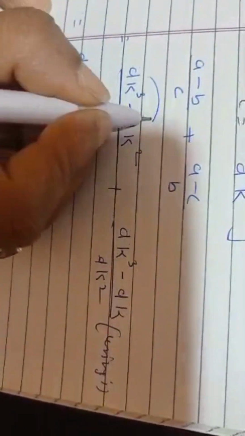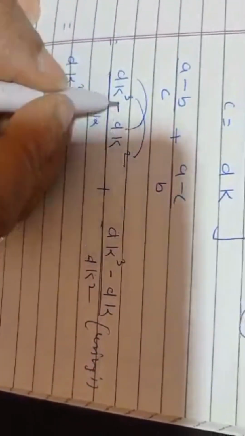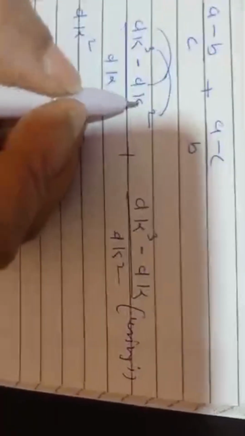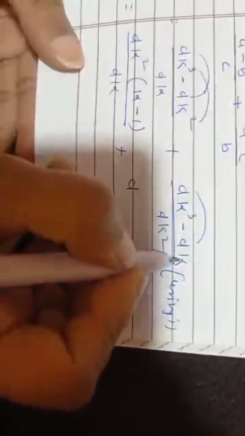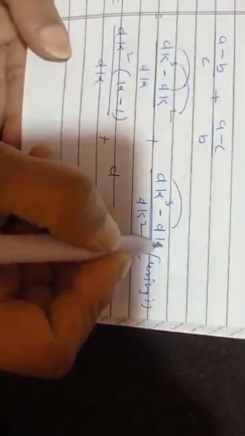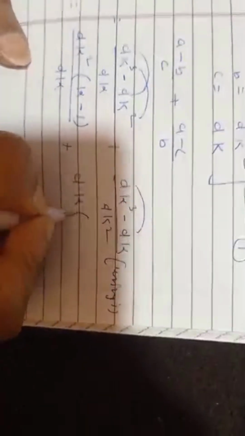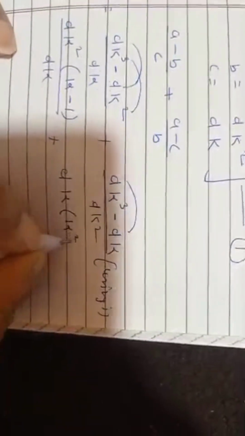Now take out DK square as a common factor, because D is here and K is here, and the least power is 2. You have to take the least power, K to the power 2. Inside the bracket, you will get K minus 1 upon DK. And here take out D as a common factor, K to the power 3, K to the power 1, least power is K to the power 1, that is K. Inside the bracket, you will get K square minus 1 upon DK square.